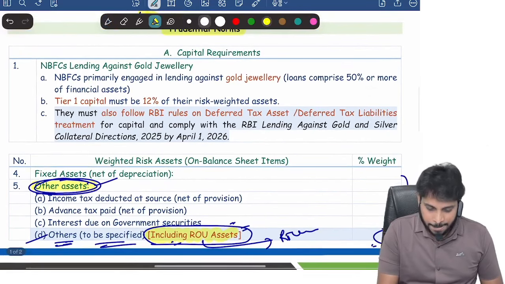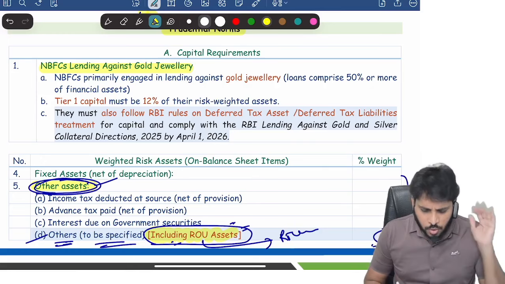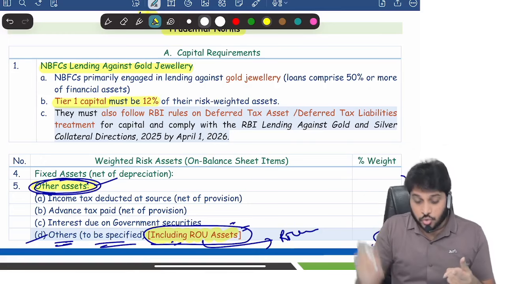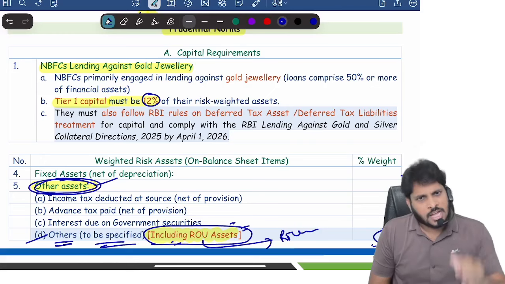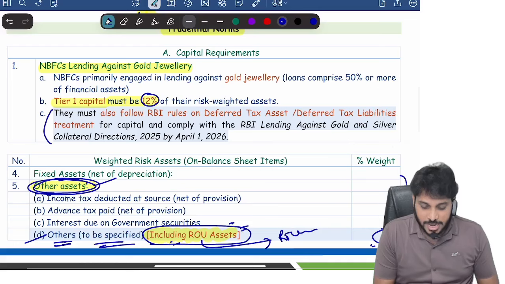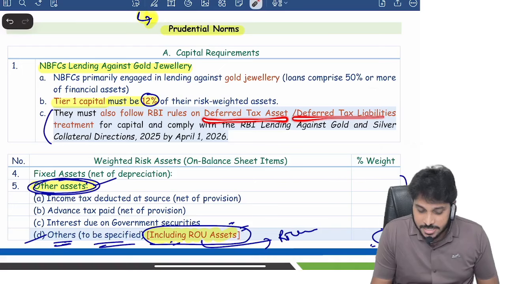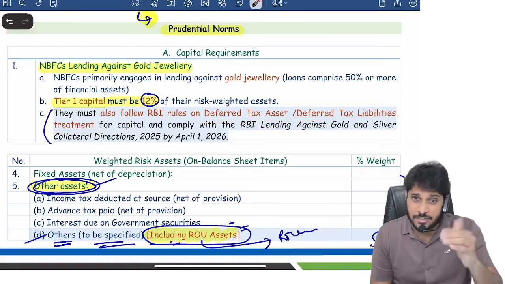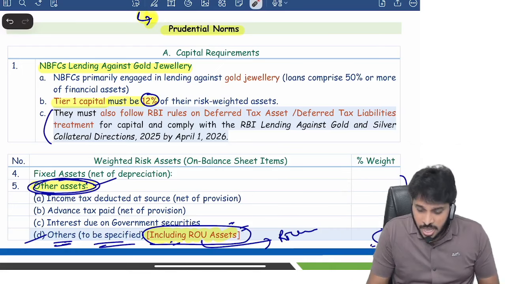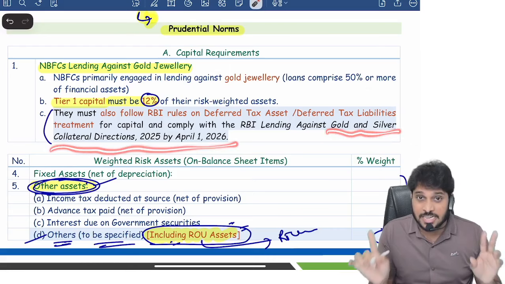Next, coming to NBFC lending against gold jewelry. No amendment in the tier 1 capital for an NBFC lending against gold jewelry; the tier 1 capital is 12, the same as now. No changes at all. But one extra point they added. They should also follow RBI rules on deferred tax liability and deferred tax asset treatment as per the RBI gold and silver collateral directions 2025.